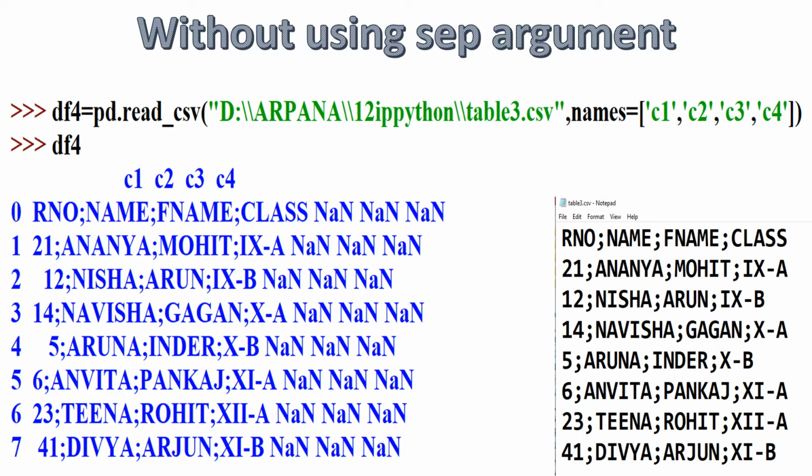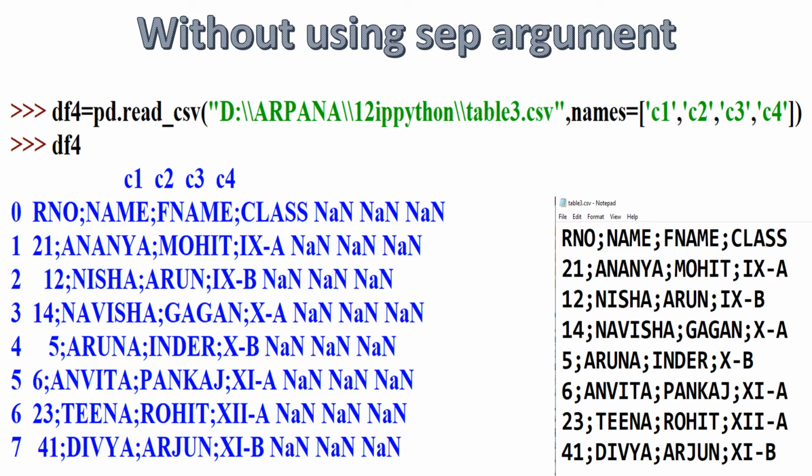Now if you read the CSV file which is having separator other than comma without using sep argument, that is, as you have been reading in the previous slides, you can see if you write pd.read_csv the path and names C1, C2, C3, this is how you give the column names. Now what will happen here?